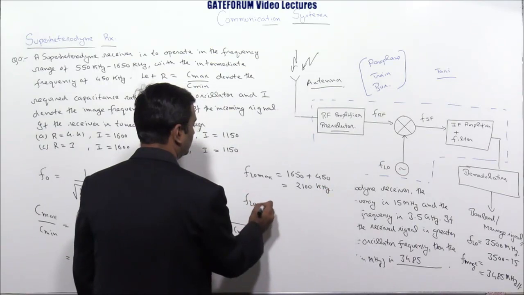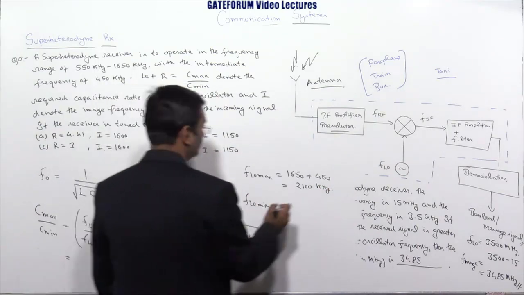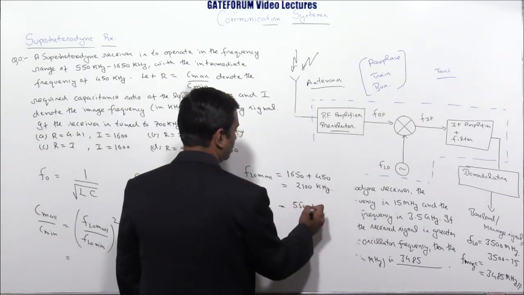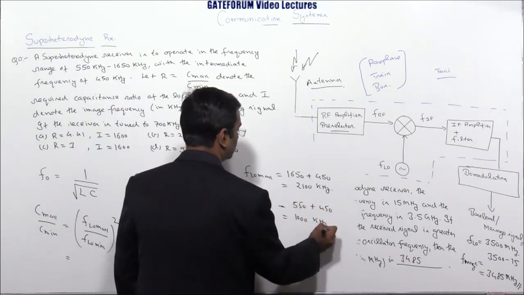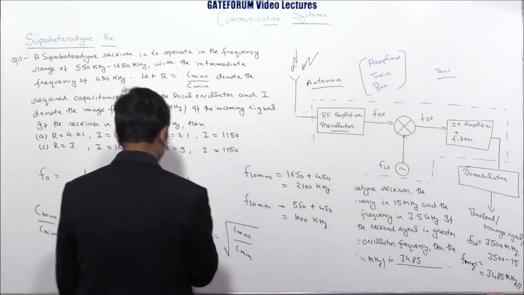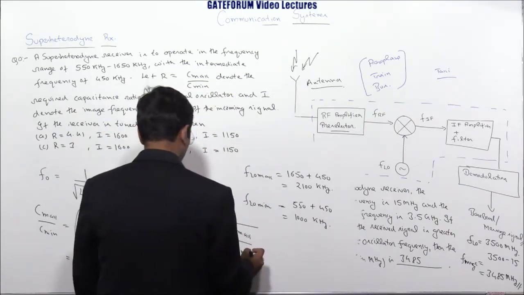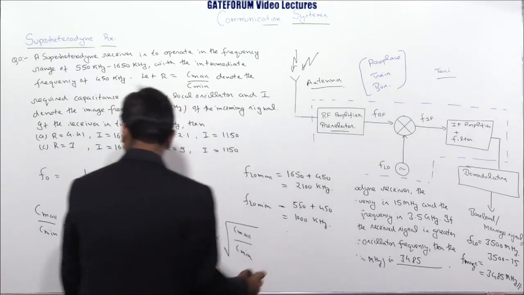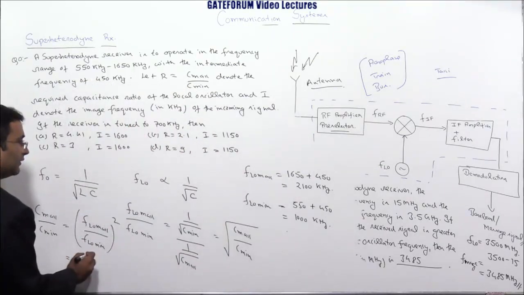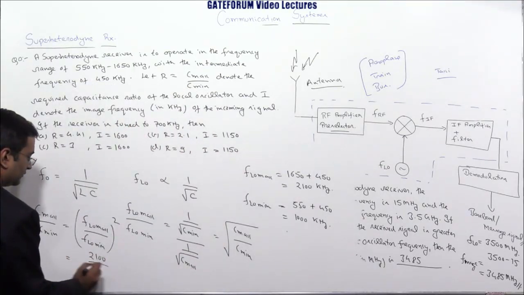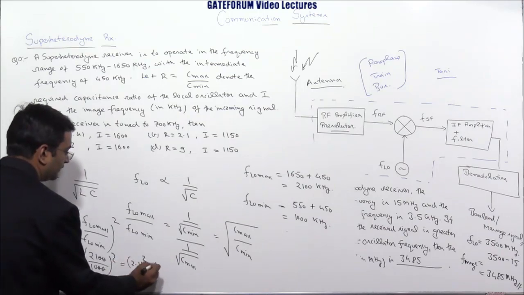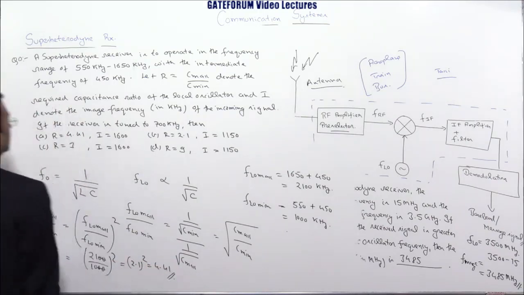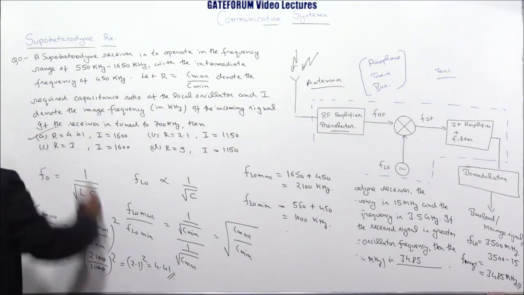And FLO min corresponding to minimum FRF, that is 550 plus 450, that is equal to 1000 kilohertz. Take the ratio of the two and substitute in this. So if I substitute, it will be 2100 by 1000 whole square, that is 2.1 whole square, 4.41. So if you look at the options, only option A is satisfied.